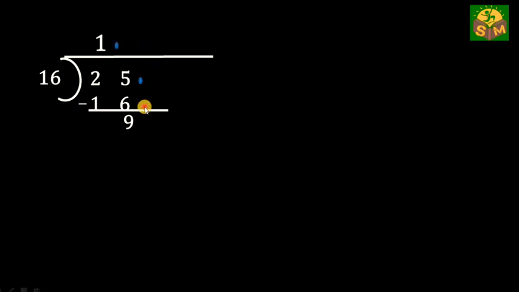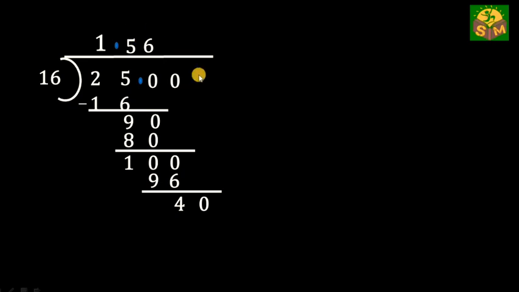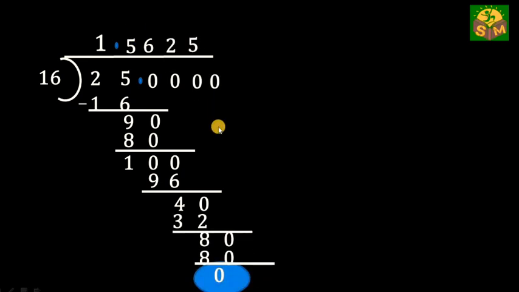Then put a 0 on the right of the decimal point of the dividend as well as right of the remainder. Divide again just as whole numbers. Repeat this till either the remainder is 0 or the requisite number of decimal places have been obtained.